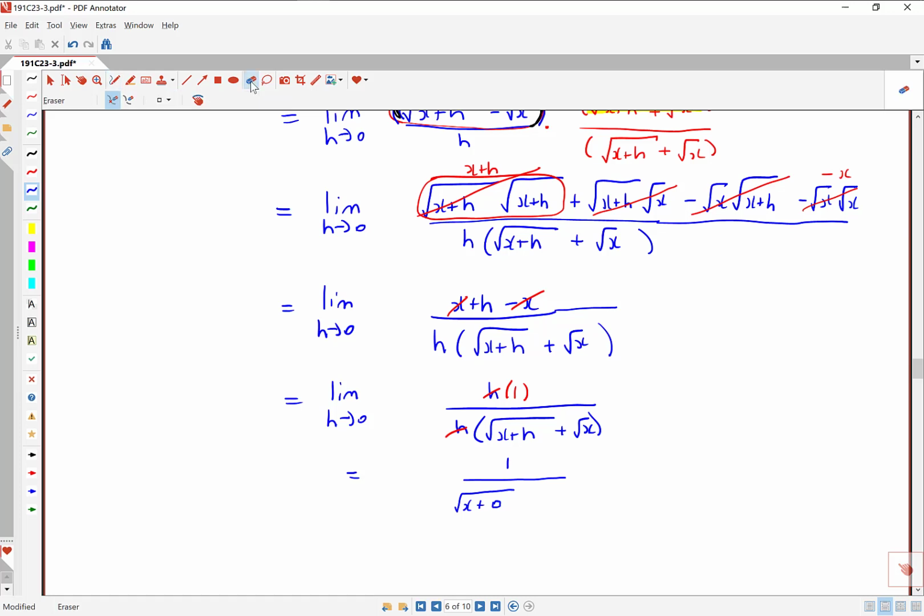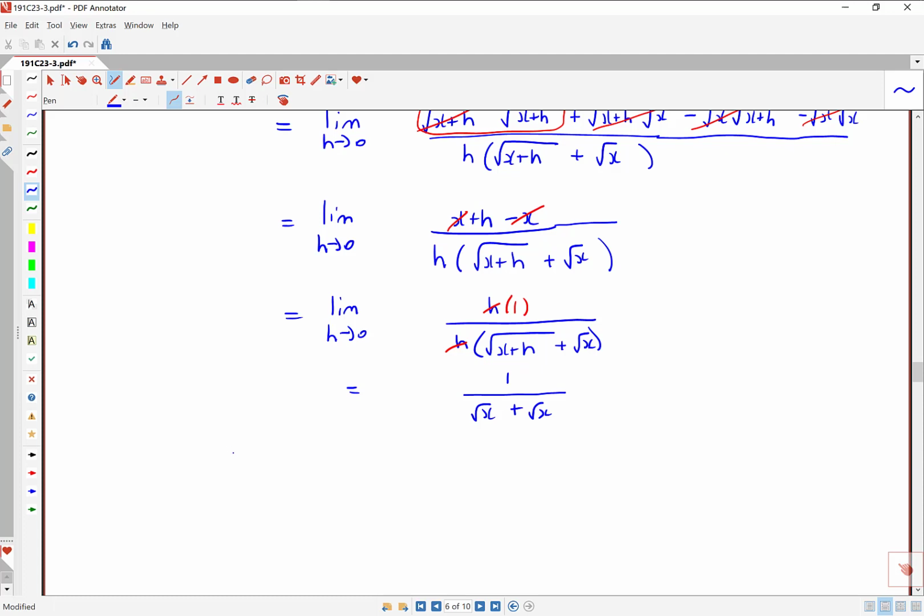Okay, so might as well call that root x. So 1 over root x plus another root x. And then final way of cleaning this up is just to say, well, normally we would collect the like terms in the denominator and just say that's 1 over 2 root x. Okay, so we are done that limit problem there.